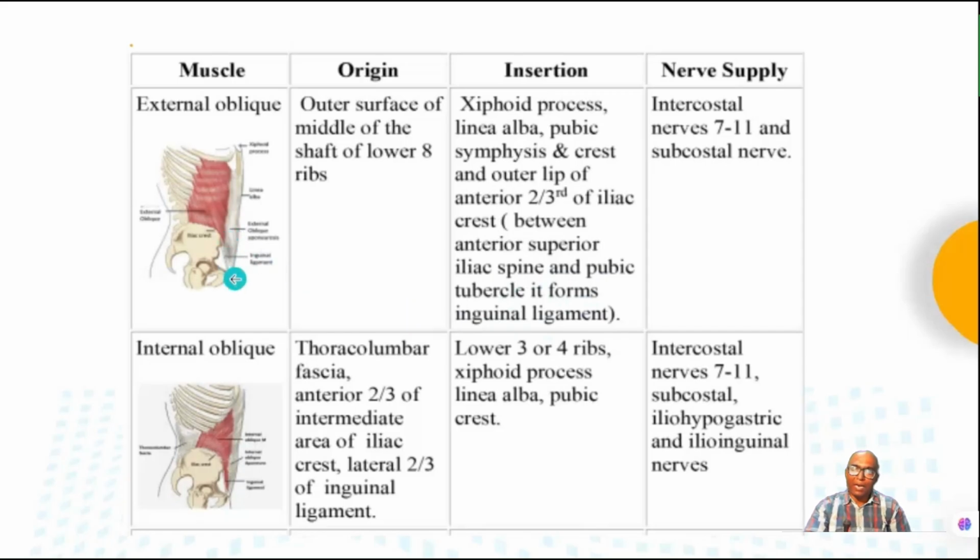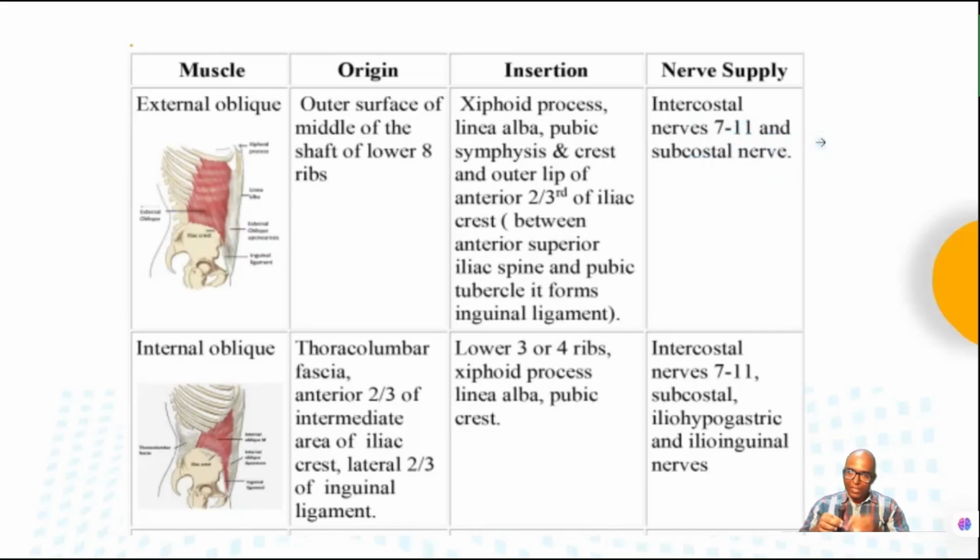The lower part of this external oblique will form the inguinal ligament between the ASIS, that is the anterior superior iliac spine, and the pubic tubercle. So, lower eight ribs, getting inserted from the xiphoid process in the midline, coming down to the pubic symphysis and the pubic crest and outer lip of the anterior two-thirds of the iliac crest. Nerve supply is intercostal nerves 7 to 11 and the subcostal nerve.